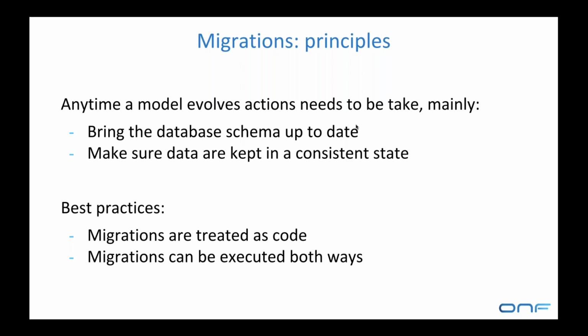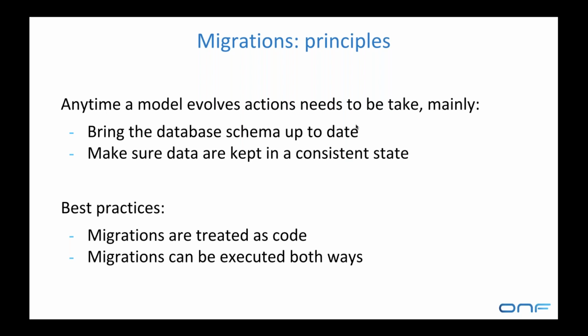Anytime a model evolves in time, let's say we add a new feature to the subscriber, and we now need to specify his speed profile, we need to do two operations in our system. The first one is to change the database schema so that it is up to date with the model. And the second one is to make sure that the data are consistent after the schema change.